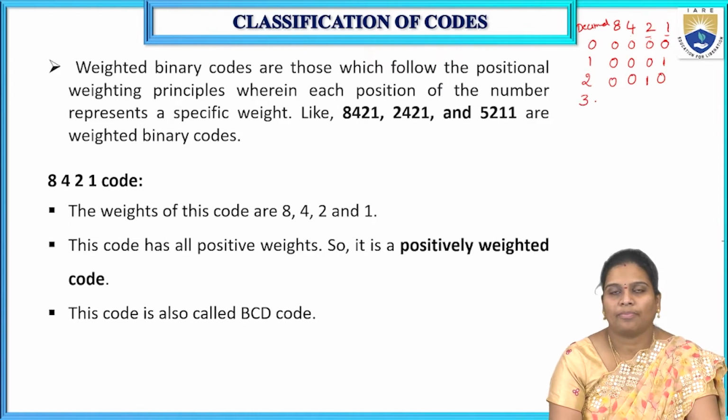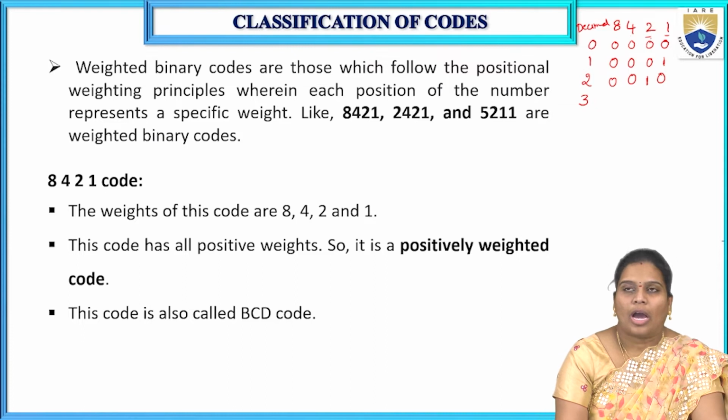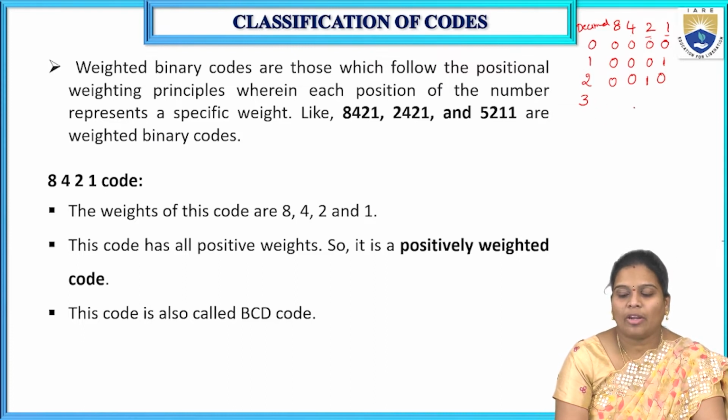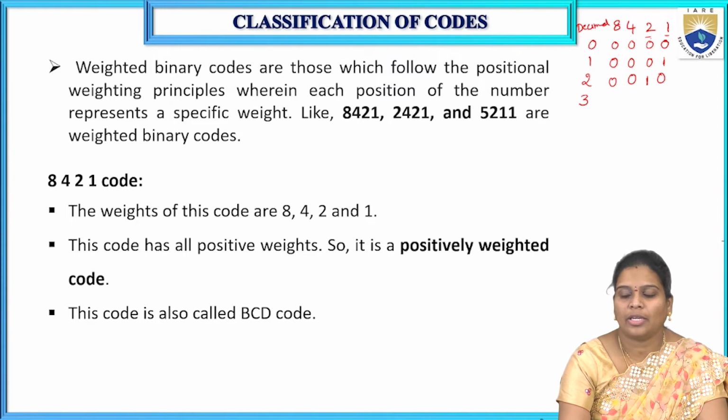Coming to 3. Now I want to write the binary value for 3. So 2 plus 1 is 3. Taking these two positions, here we write 1. Remaining bits are zeros. 4: directly we have this position, 0, 1, 0, 0.